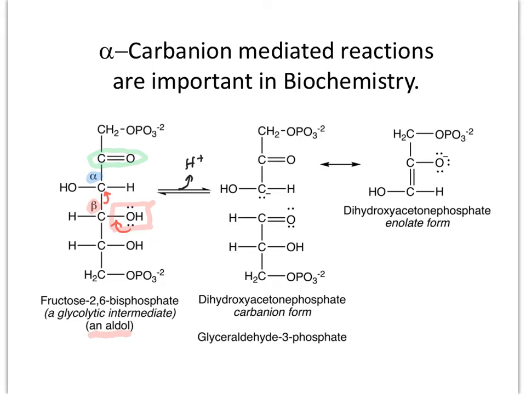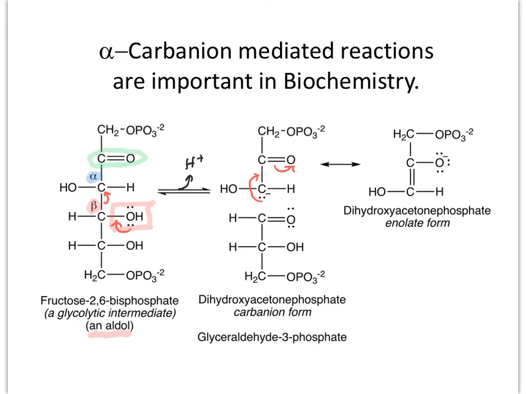And here's the dihydroxyacetone phosphate carbanion stabilized by resonance with its enolate form, right? So here's that resonance stabilization. If we show the electron movement in that resonance stabilization, these electrons can fall here to make a pi bond. These electrons come here, and you get this as the product.